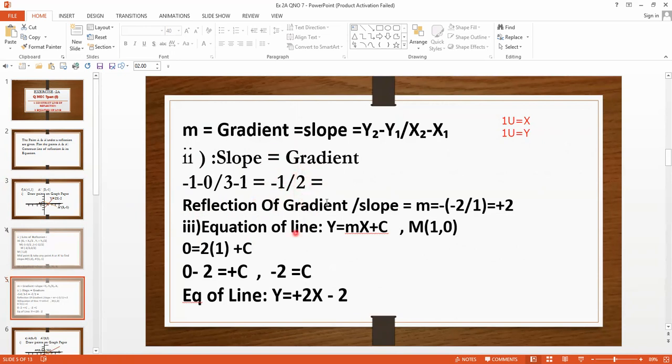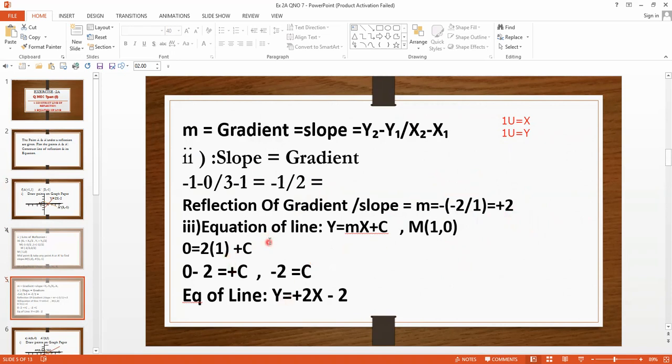Reciprocal means 1/2 becomes 2/1. So what is the reflection of the gradient? It is +2. Again, look here: if the slope is -1/2, then its reflection is +2, because 2/1 means +2.